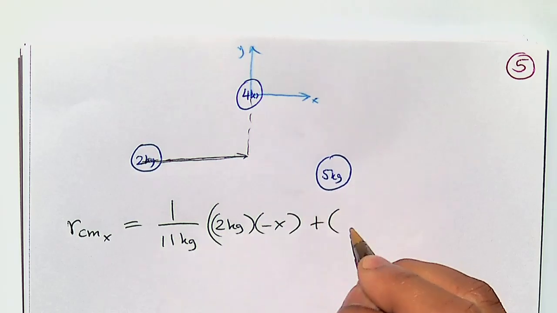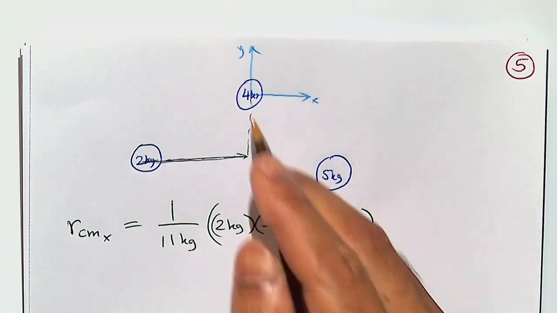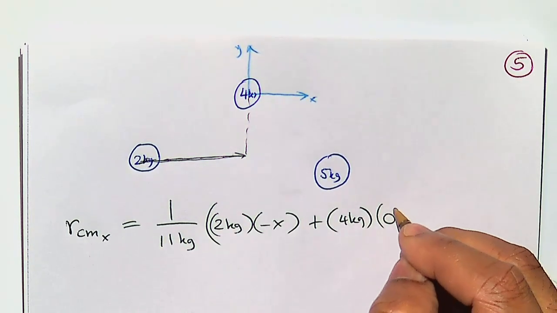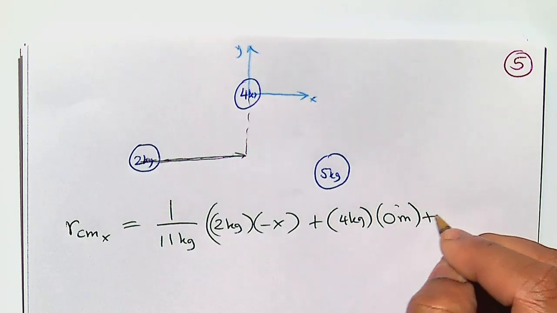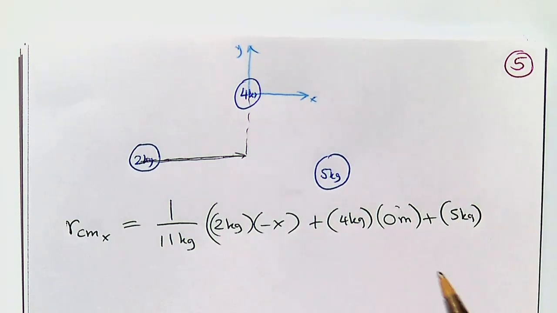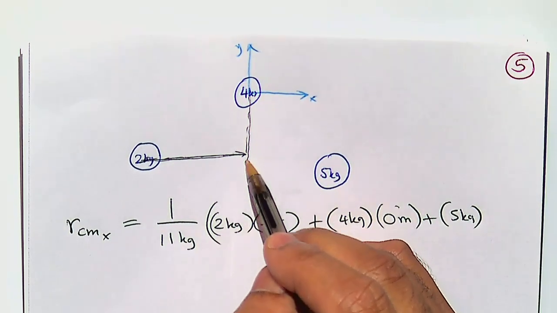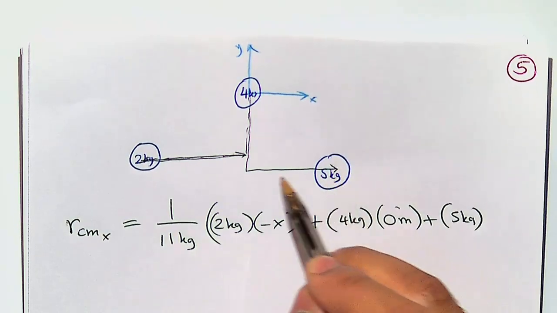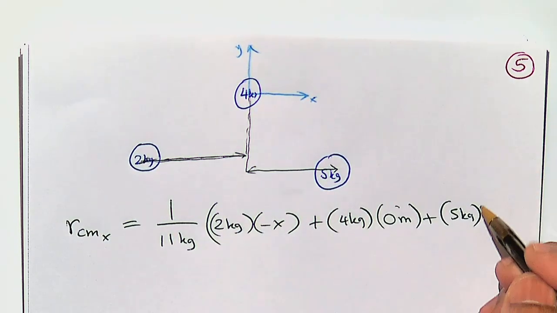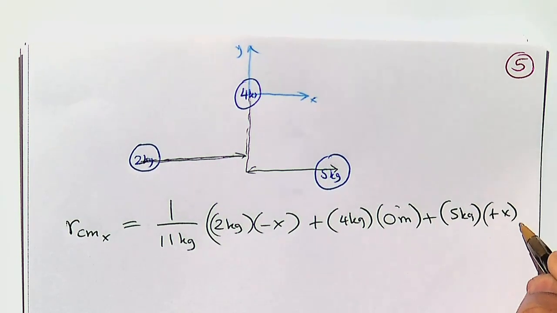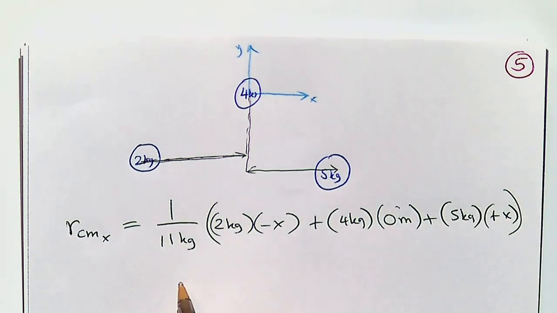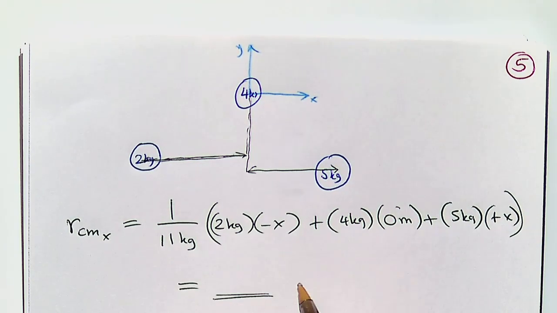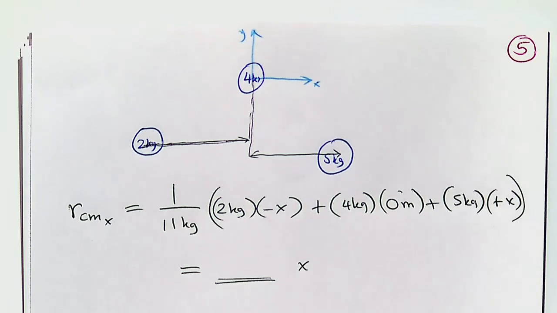And then you add the 4 kilograms. Well, that's where the coordinate system is, so that's 0 again, 0 meters. And then you add the 5 kilograms, and you say, okay, where is this located? Well, it's located there, and it's got a positive x distance. Okay, so that's some positive x value, right? Put that in there. And then you get this result. This result is the x component of the center of mass.